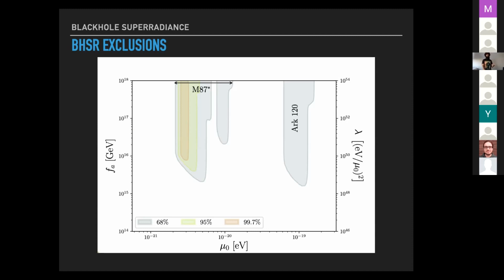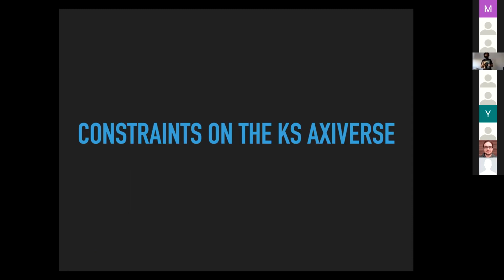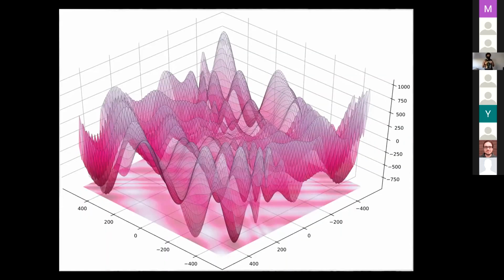Okay, so now that I've presented the 2 different ingredients, what I will do is look at how we can apply these constraints to the Cosmological Axiverse and get back to generating that exclusion plot. Okay, so what does a typical ALP potential look like?